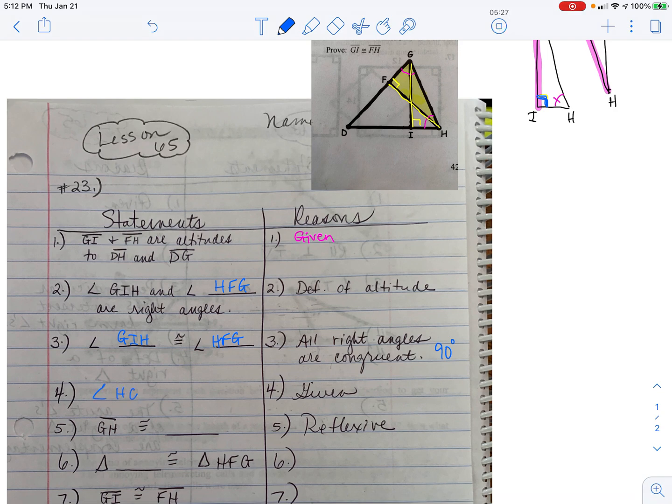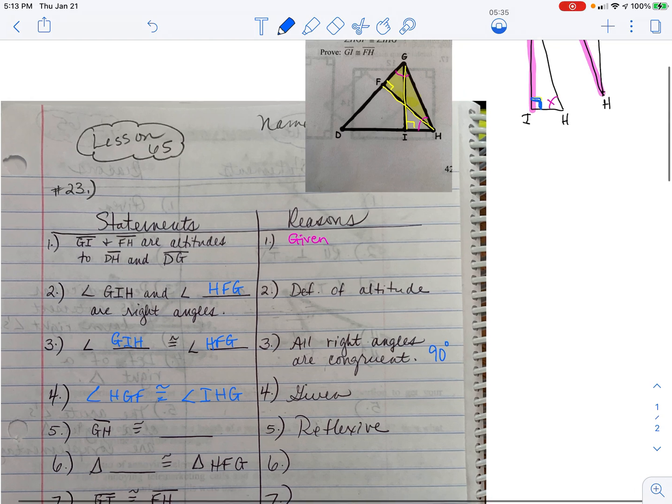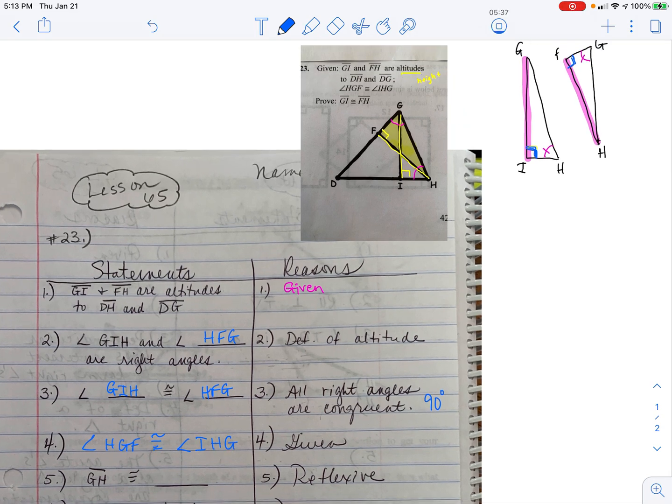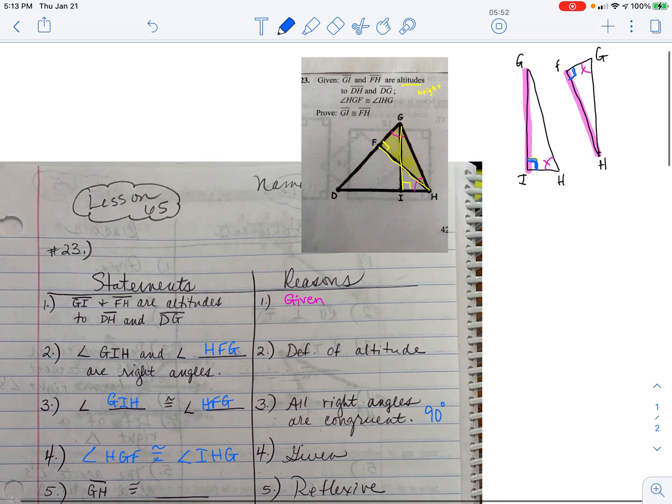Angle HGF is congruent to IHG. We're going to go find that so we can make sure we know where that is. So HGF, and IHG. All right, let me see here.